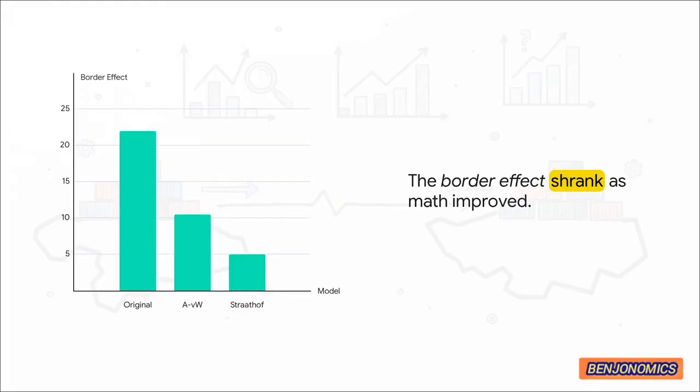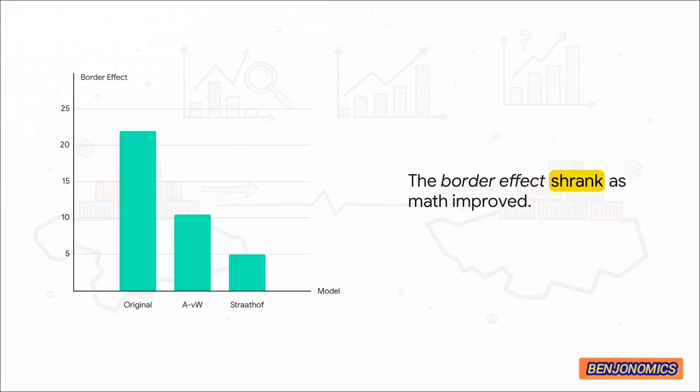Now, what's really interesting here is seeing how the math evolved to shrink this puzzle over time. First, we had that massive original 22 times anomaly. But when Anderson and Van Wincoop added their multilateral resistance fix, using some numerical approximations, the border effect dropped way down to 10.5. And it didn't stop there.